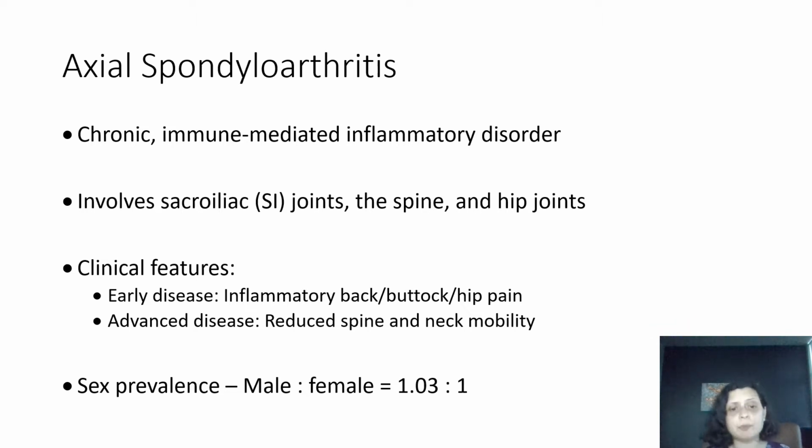And the sex prevalence initially, it was thought to be a male predominant condition, but really as we are finding more and more about this condition, the sex prevalence is almost 1:1. Axial spondyloarthritis used to be called ankylosing spondylitis, but not anymore.